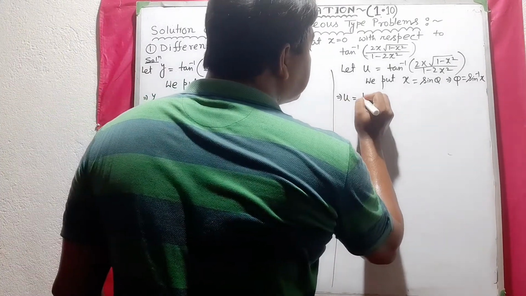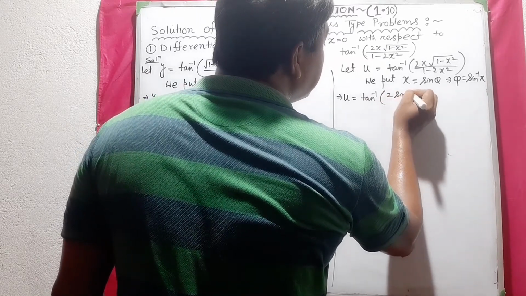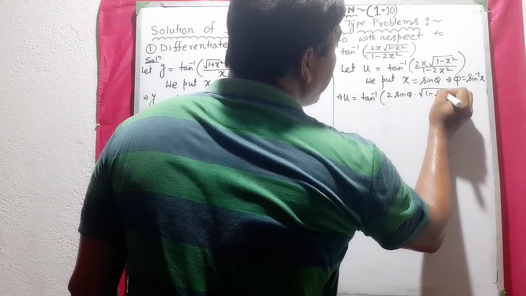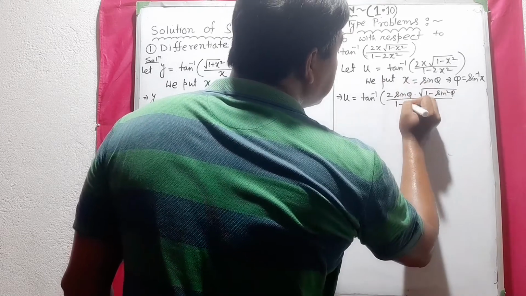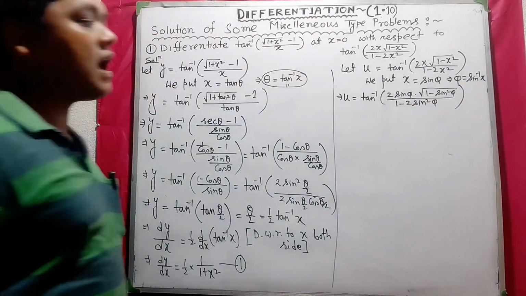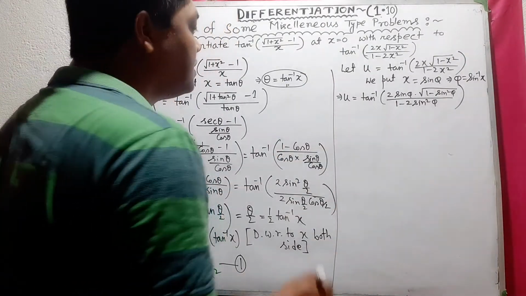So after simplification, u equals to tan inverse of 2 sine phi into square root of 1 minus sine square phi by 1 minus 2 sine square phi. I have just put the value of x in the expression.